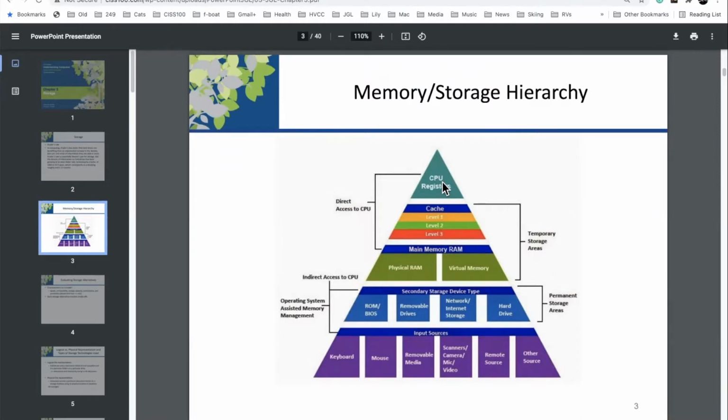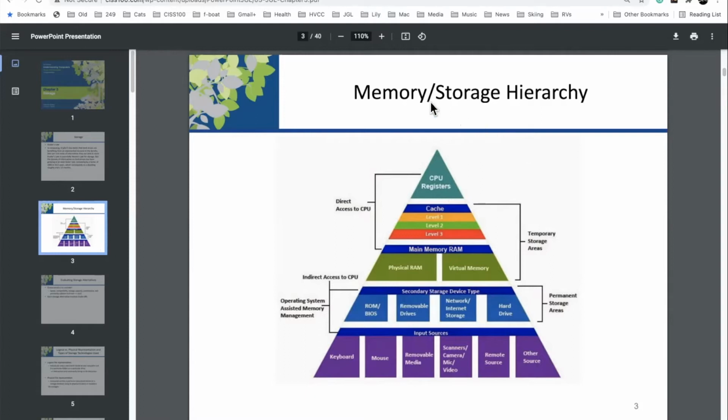We know there's a big discrepancy as we move away from the CPU, say out to storage, our hard drives. So we have many intermediate levels to hopefully keep the CPU fed with data and instructions. And recall what I said, the major limiting factor today is the interconnections. And I'm going to illustrate this very shortly.